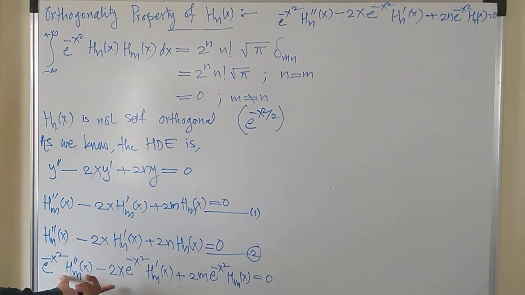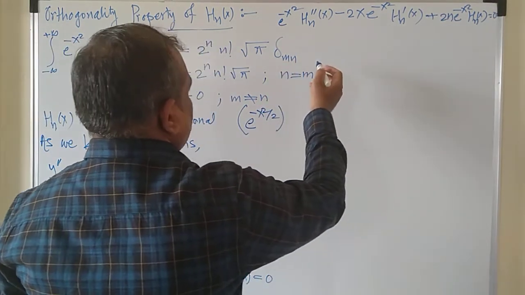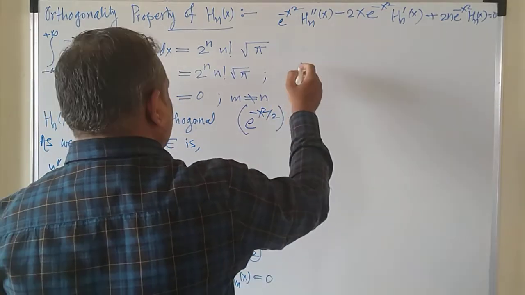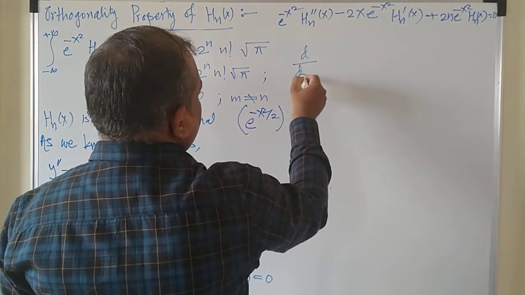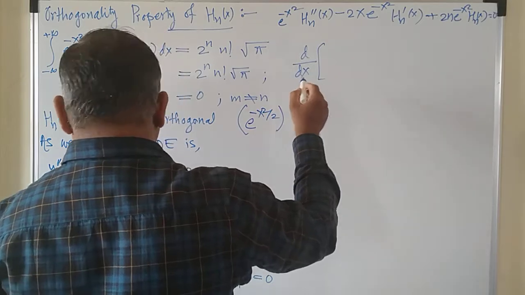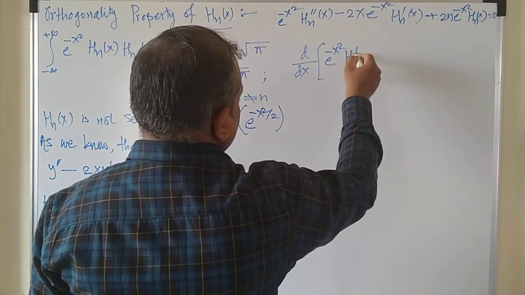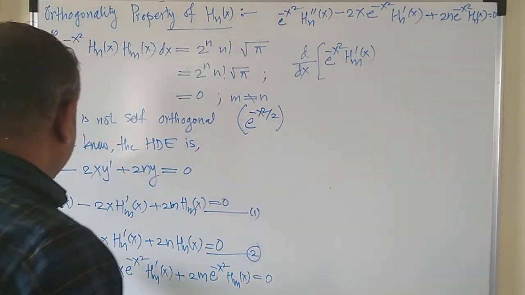For these two terms, the first and second term, I can write this as a differentiation of e raised to minus x square into Hm dash of x. So I will just write here d/dx of e raised to minus x square into Hm dash of x for these two terms.